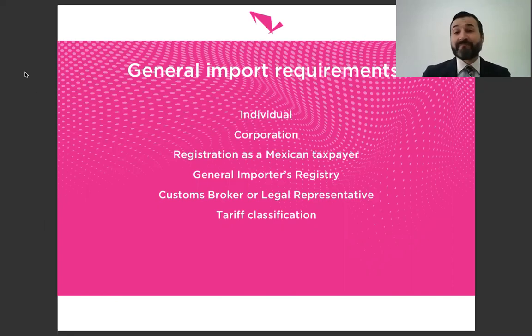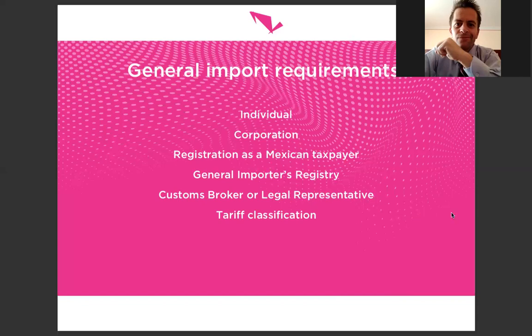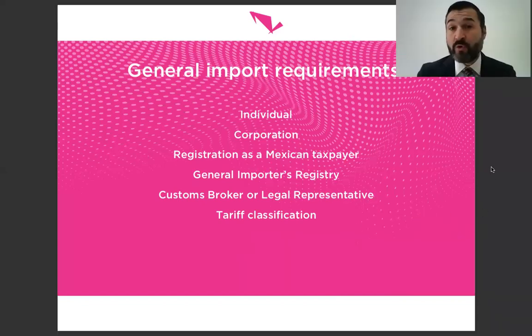Okay, so after that, we need a general importer registry. What is this? This is kind of a license. It is kind of an import license. It is not a license as such, or per se, but it is a requirement that we all have to comply with in order to import things into Mexico.